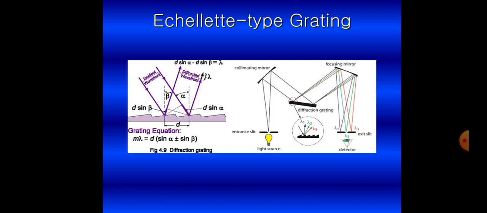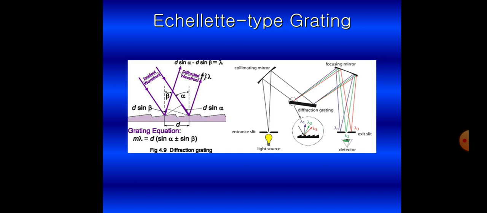By turning the grating, or by changing the incident angle or reflecting angle of the grating, different wavelengths will be passed over the grating.